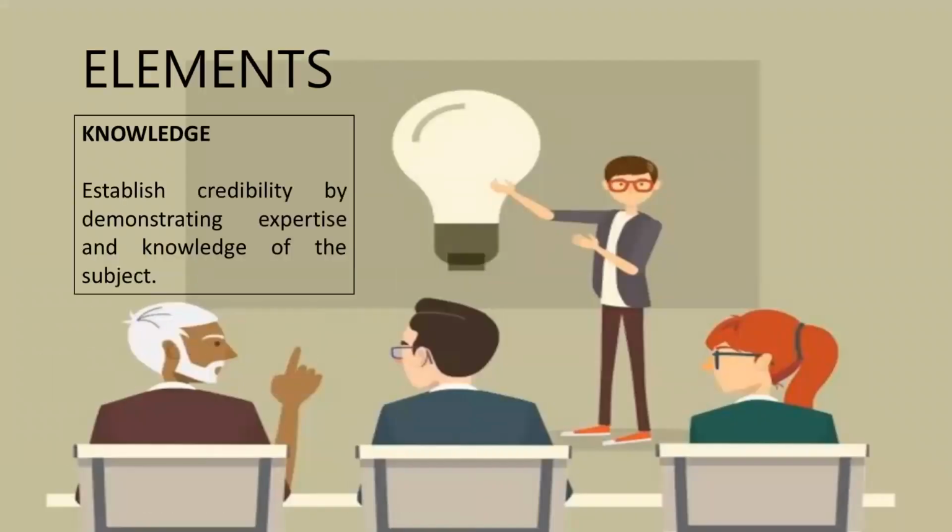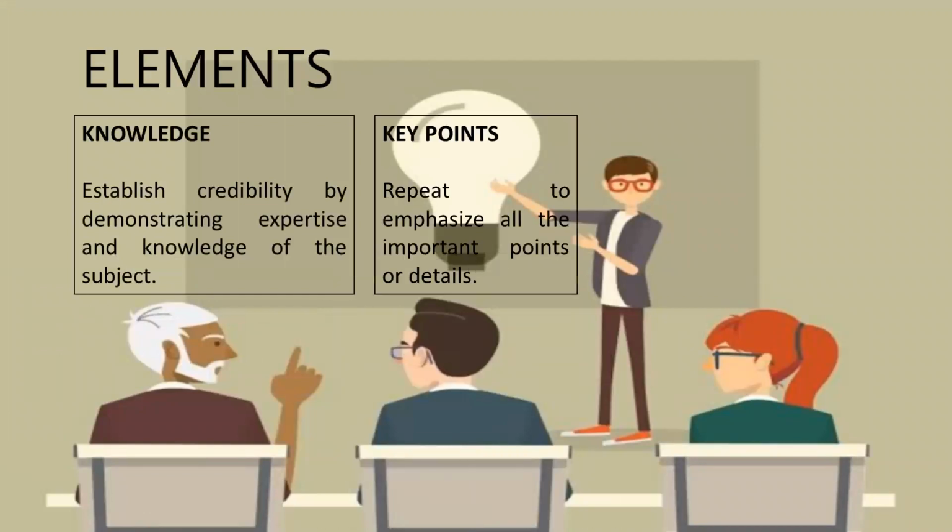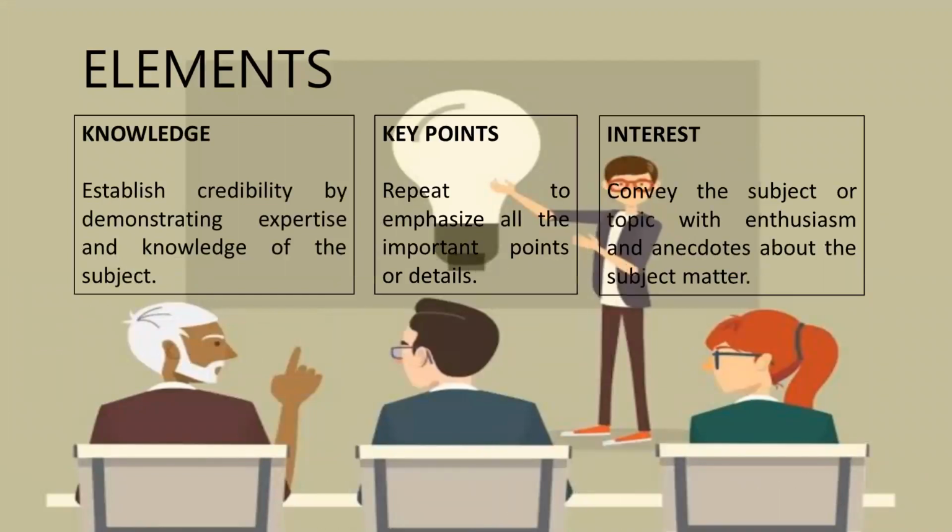We also have the elements of informative speech. Knowledge: establish credibility by demonstrating expertise and knowledge of the subject. Since they are knowledgeable in terms of the subject or the content, they have its knowledge. And it is very important in informative speech because it gives the audience knowledge or reliable, factual information.